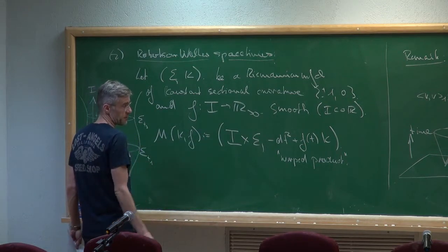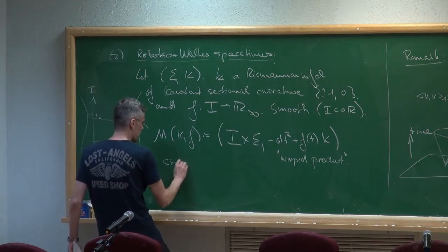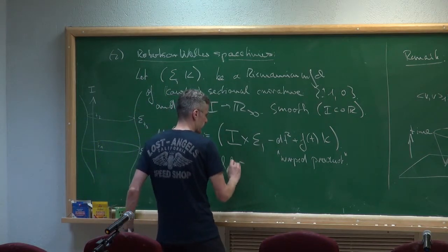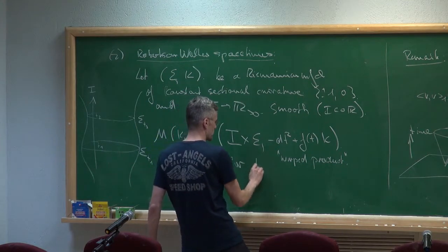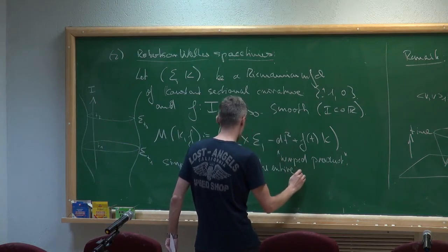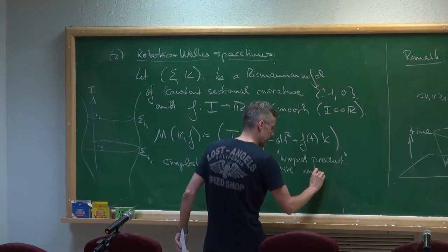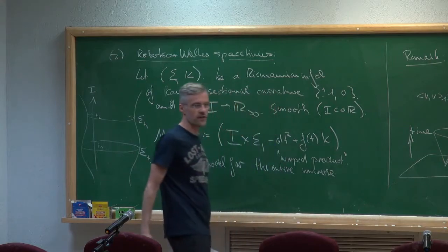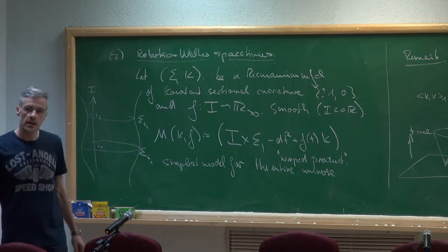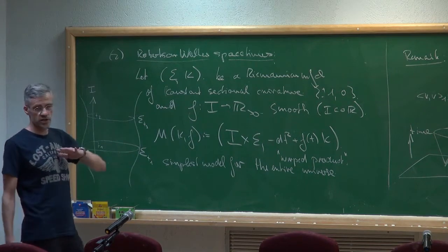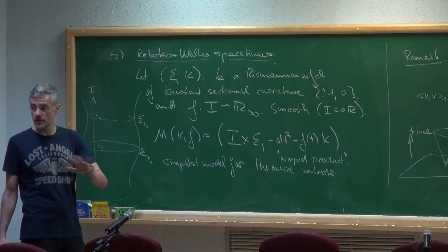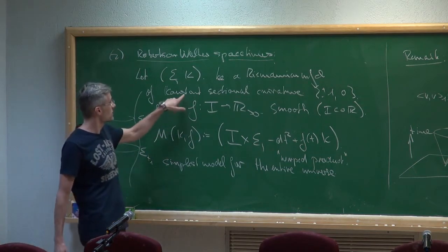What's its purpose in physics? It is the simplest model for the entire universe. If you look at cosmological models and you make some simplifying assumptions, for example the principle that the universe on large scales looks everywhere the same, so matter is evenly distributed, that is where this enters.